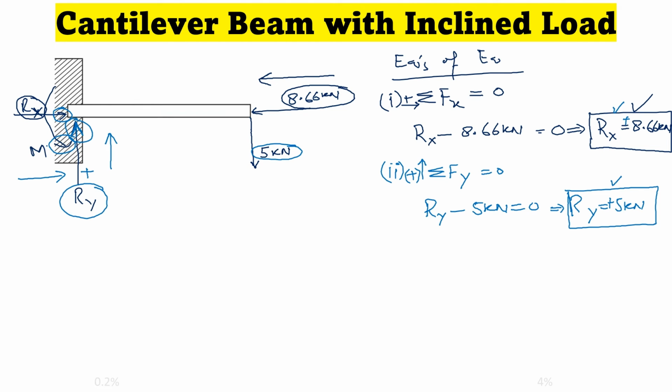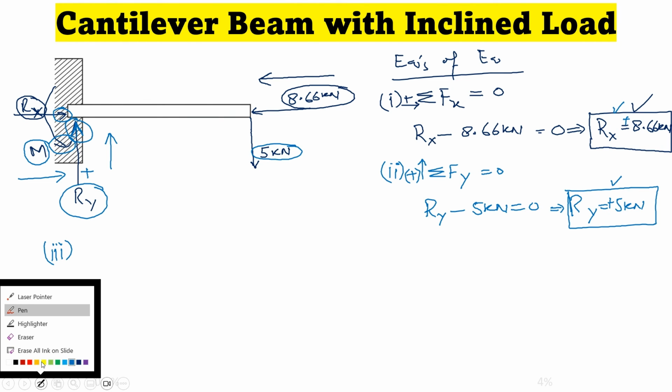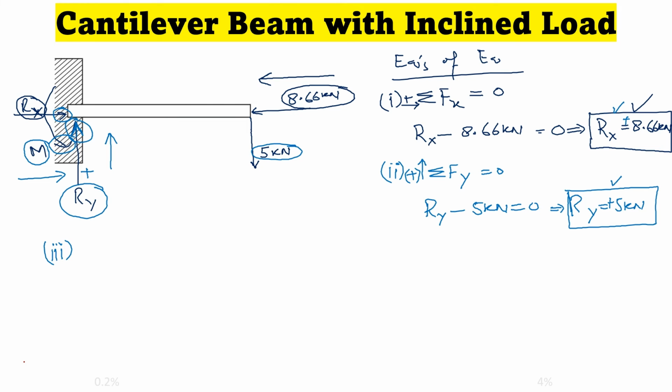And now the third and last reaction of the beam is moment. For this we have to apply the third condition of equilibrium, that is summation of moments acting at any point on the beam is equal to zero.